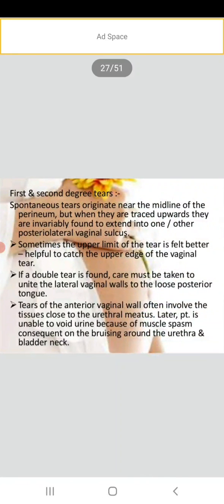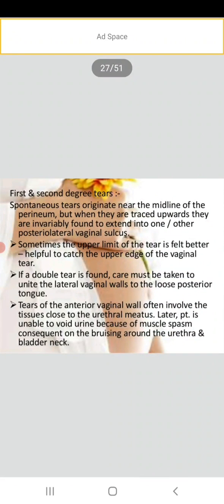Then first degree tears, spontaneous tears originate near the midline of the perineum, but when they are traced upwards they are invariably found to extend into one or other posterior lateral vaginal sulcus. Sometimes the upper limit of the tear is felt better; it is helpful to catch the upper edge of the vaginal tear.